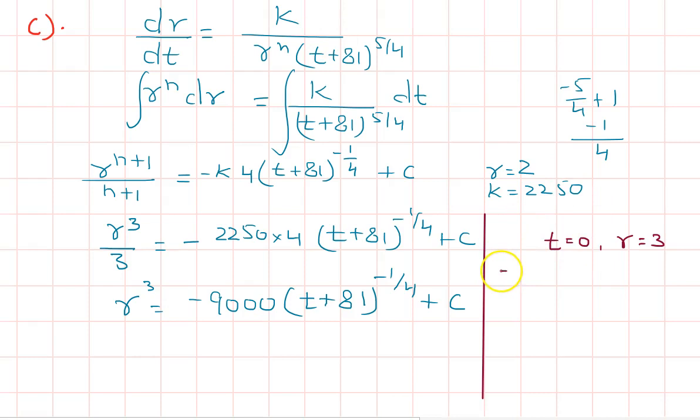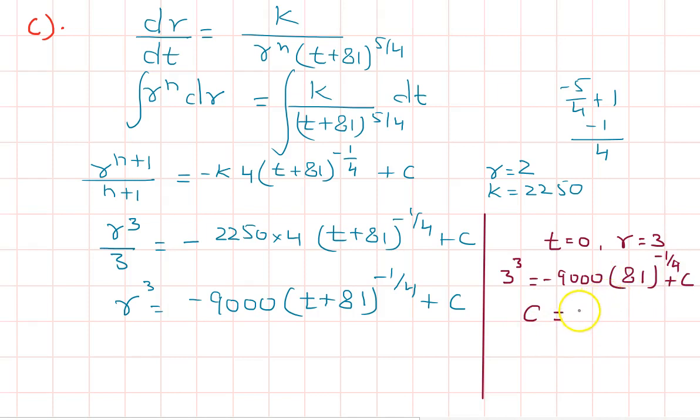So 3 cube is equal to minus 9000, 81 to the power minus 1 over 4 plus c.